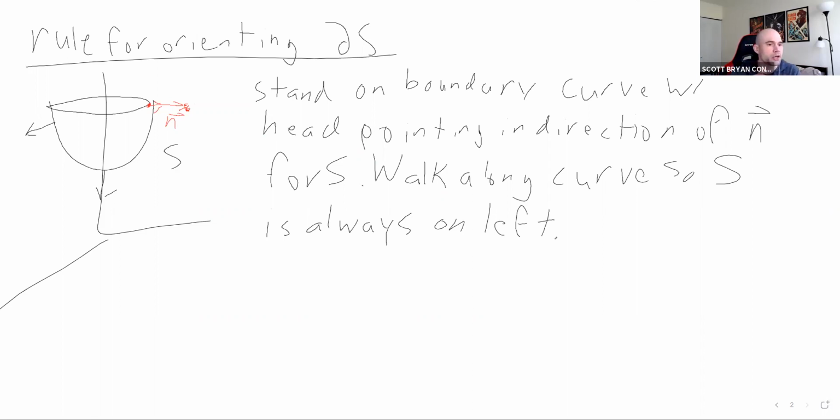What direction do we want to go so that S is always on our left? Looking down onto this, we should be going clockwise. We should be going in this direction.